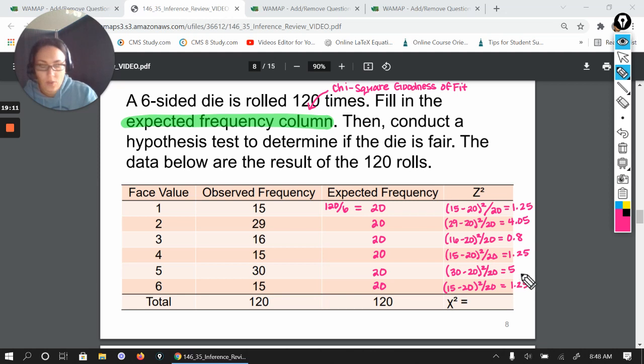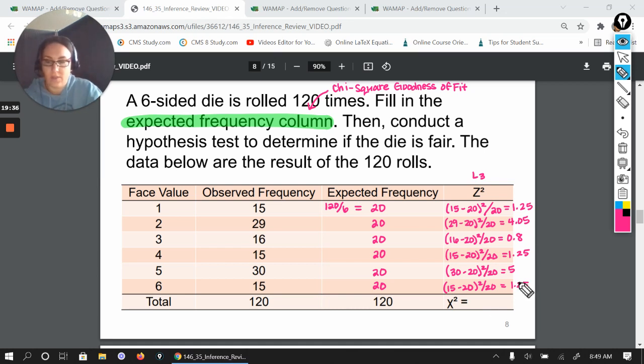So what we can do is type all of these numbers into another list that we haven't used yet. For example, we could use list 3 if that's blank in our calculators. Also, the chi-square is going to be the total of these values.